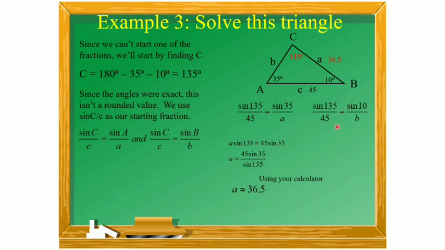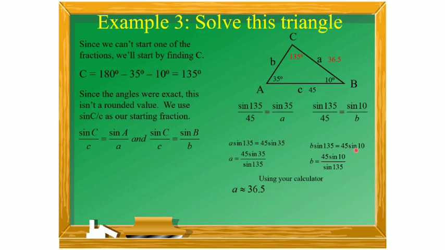Next, for the value of B, substitute the values. Sine 135 over 45 is equal to sine 10 over B. Cross multiplication, B times sine 135 is equal to 45 times sine 10.